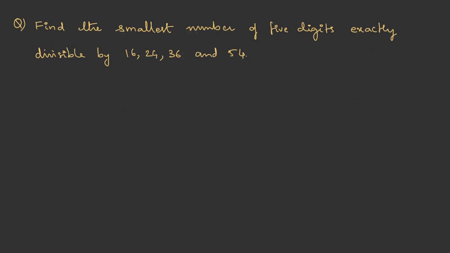Okay, let's try another model. Find the smallest number of 5 digits exactly divisible by 16, 24, 36 and 54. First let me write the smallest 5-digit number. We already know the smallest 5-digit number is 1 followed by 4 zeros, and we need to get a number which is divisible by all the given 4 numbers.